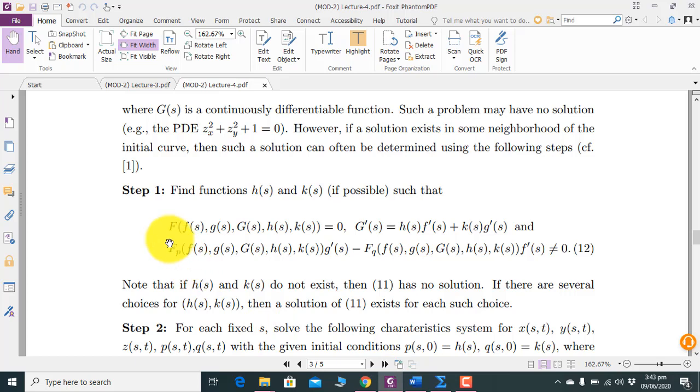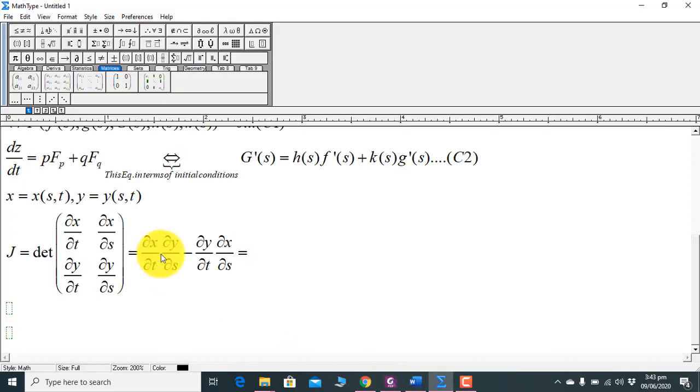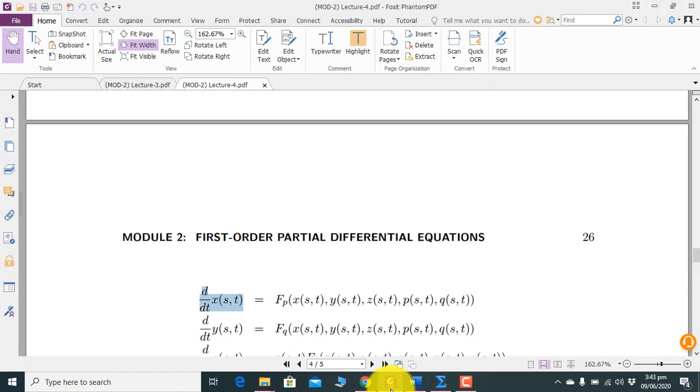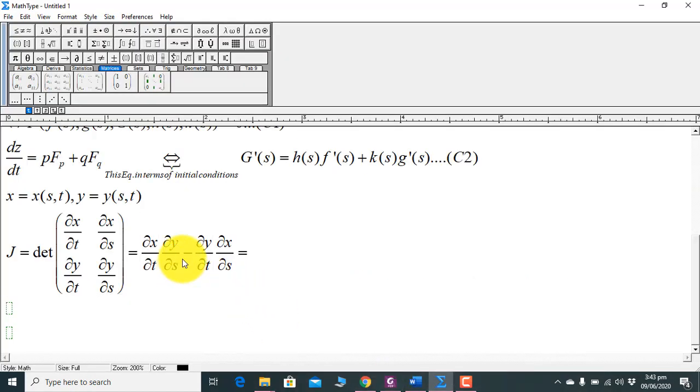Here fp. If you remember with the equations, fp was dx by dt. So fp can be taken care of in conditions. Be very careful in conditions. So this is equal to fp, g dash. So what will be fp? G stands for condition of y.